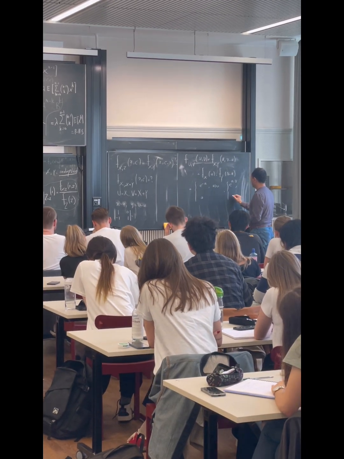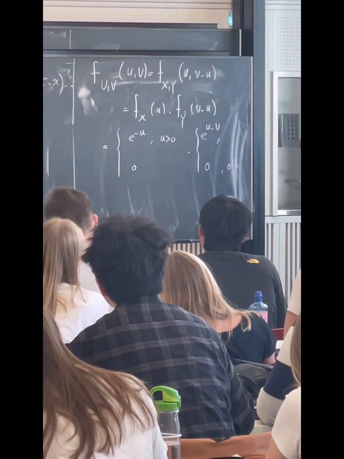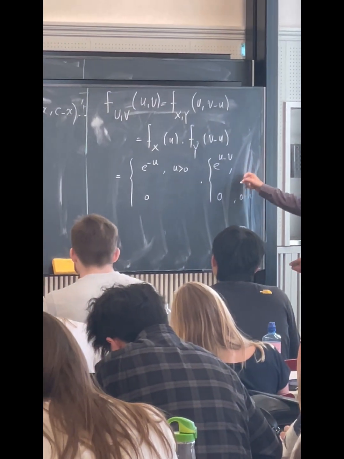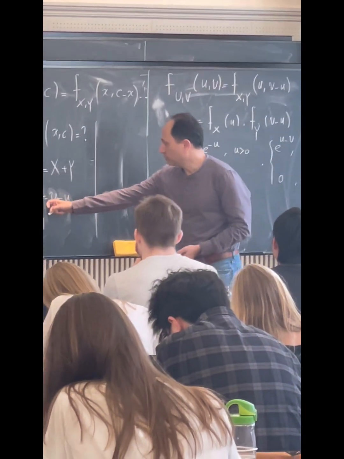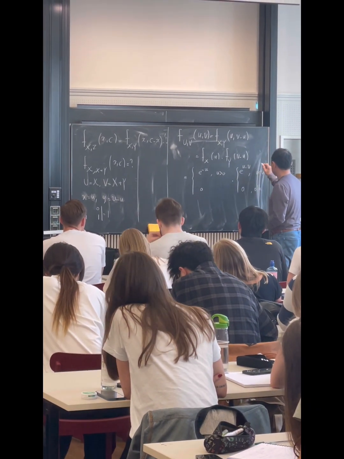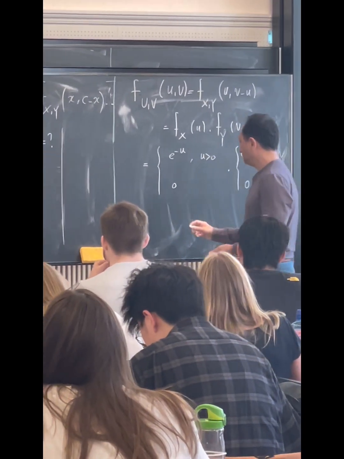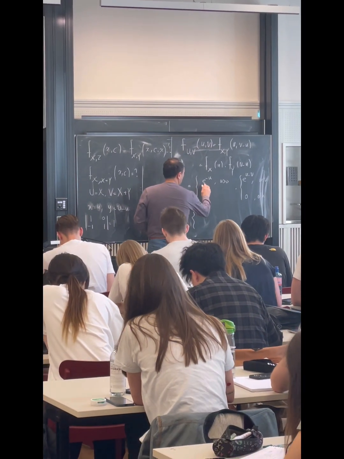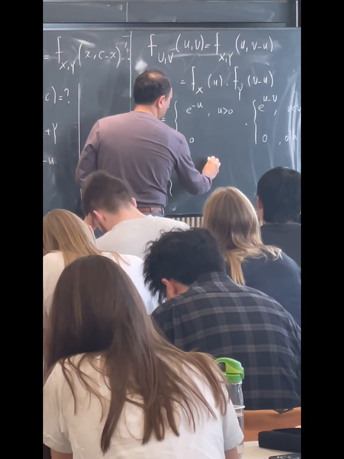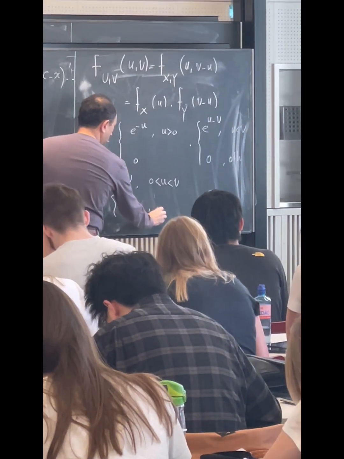Can you tell me what I should write here? Because y is also positive, u is less than v. So if I multiply this by that, it becomes e to the power minus v if 0 is less than u less than v, and 0 otherwise.